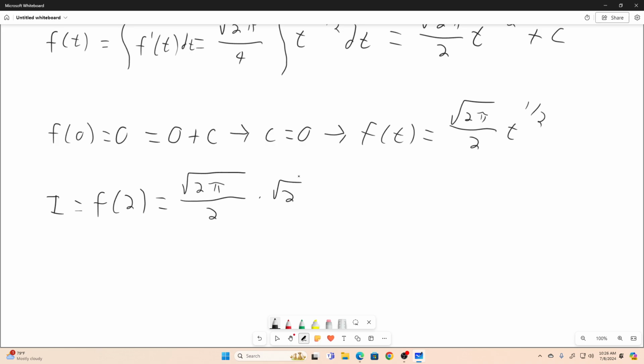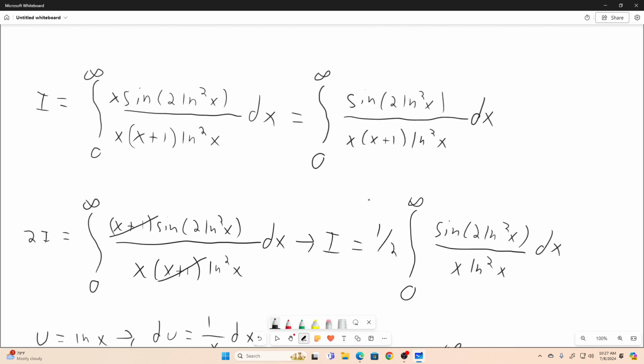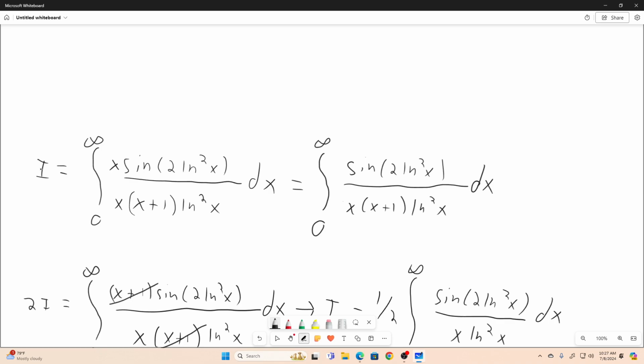You'll see that this square root of 2 times this square root of 2 will be a 2, which will cancel that 2. So this is simply the square root of pi. So that's kind of neat. This is exactly the value of the full Gaussian integral.